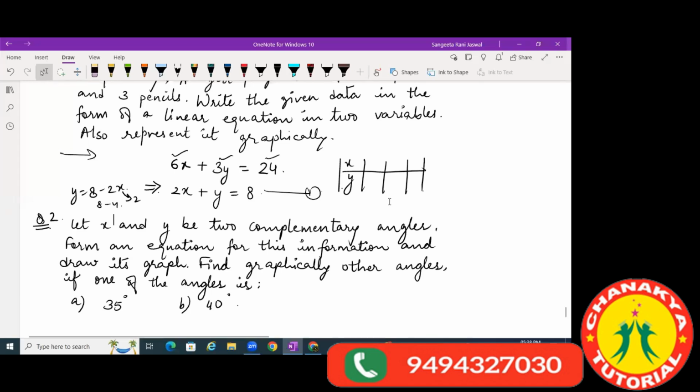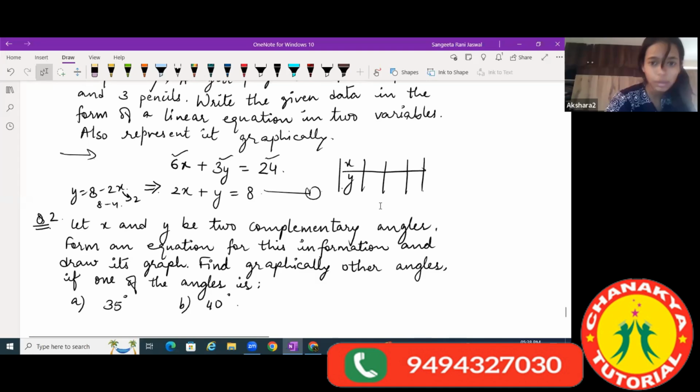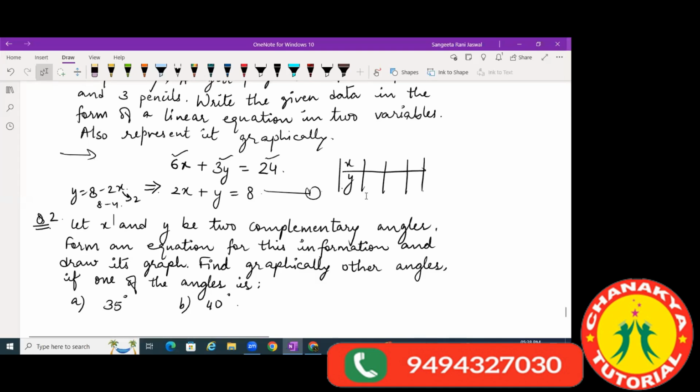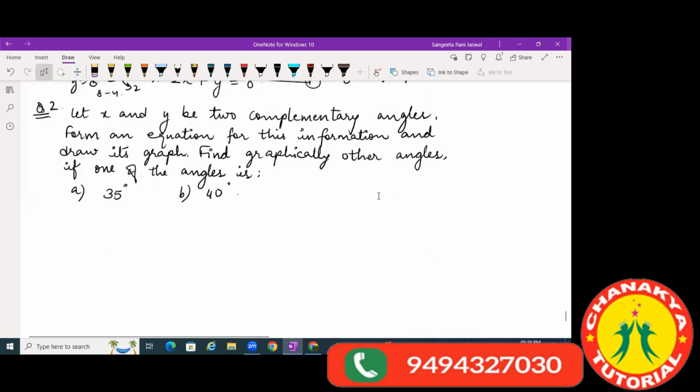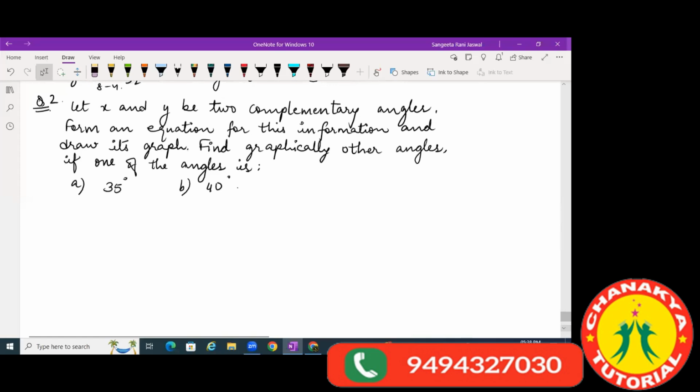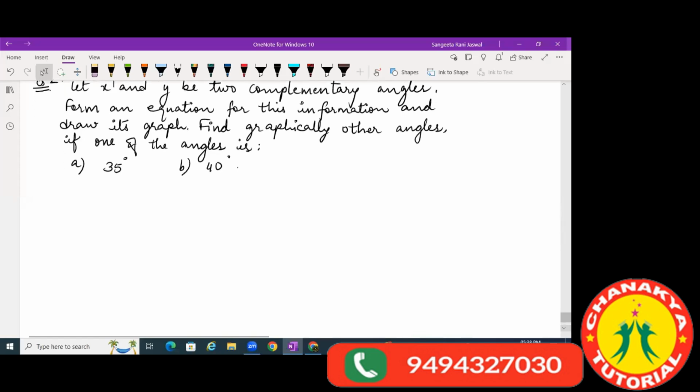Which question are you doing, Akshara? I'm asking Akshara. Second question. Okay, so what have you understood from the second question? What are you asked to find out in the second question, Akshara? Please read the question.